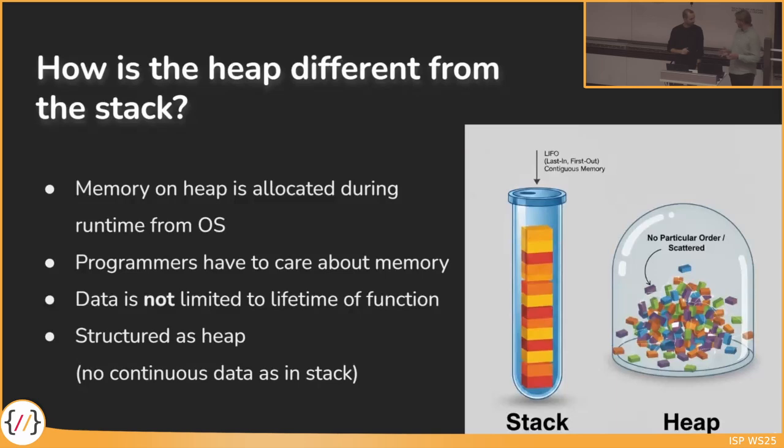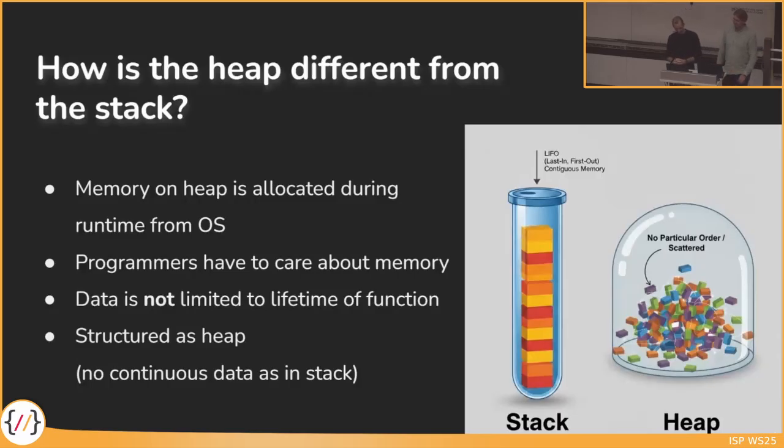It's very, very structured. The heap, in German, I think Haufen, is just very random packages of data. So there is no real structure inside. It's just a heap of different memory locations.